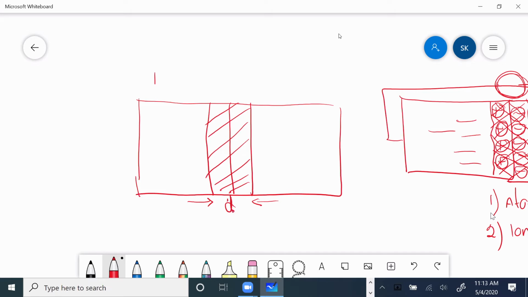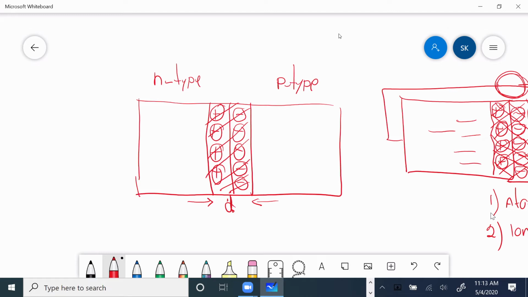For example, if this is N-type and this is P-type, then here are positive ions and negative ions, and they create an electric field, which doesn't allow carriers to travel anymore.